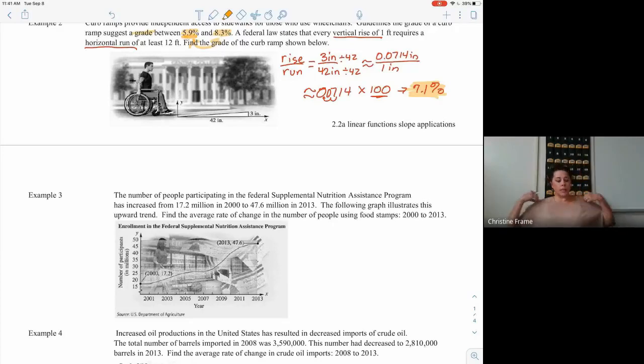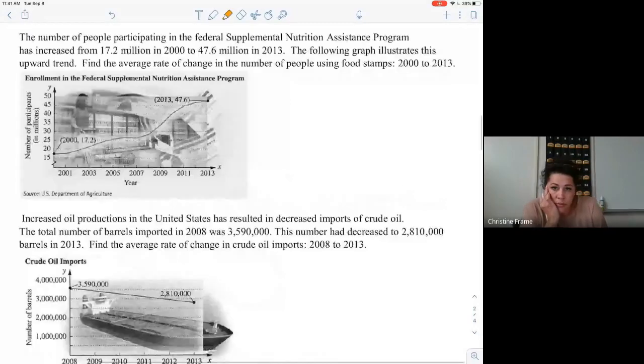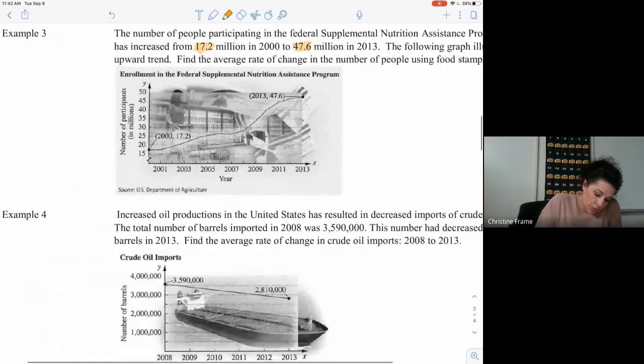Let's look at example 3. It says the number of people participating in the federal Supplemental Nutrition Assistance Program has increased from 17.2 million in 2000 to 47.6 million in 2013. So again, I would say to pay attention to that notation. 17.2 million just means 17,200,000.